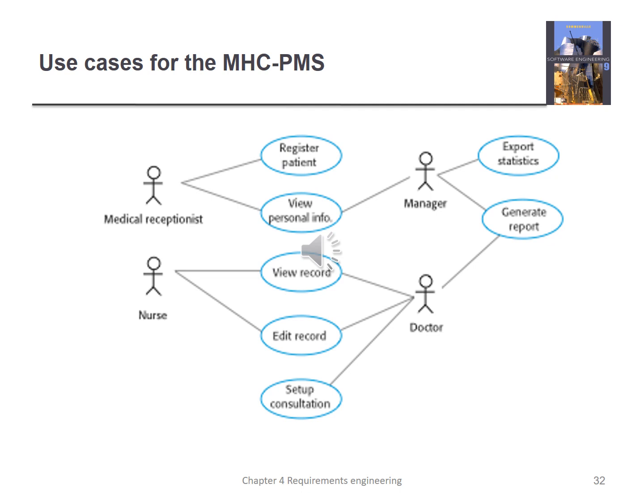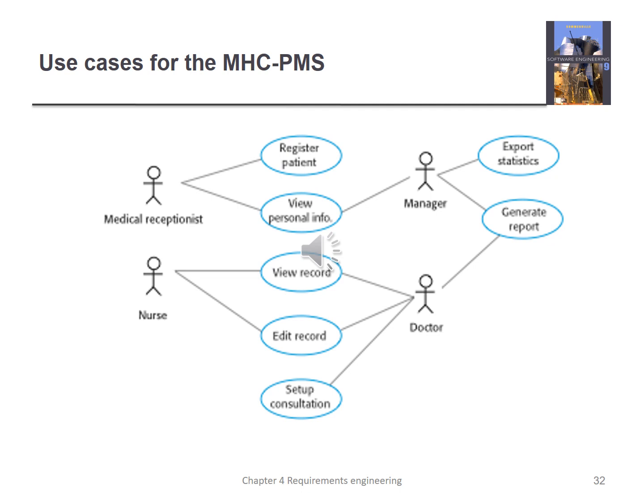Then we have many different processes like register patient, view patient info, view record, edit record, set up consultation, generate report, and export statistics. We should define all the functionality and the relations between these functions in the system, and then we can find out the actors. Who is going to use it in the system?